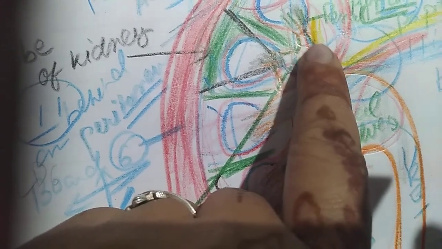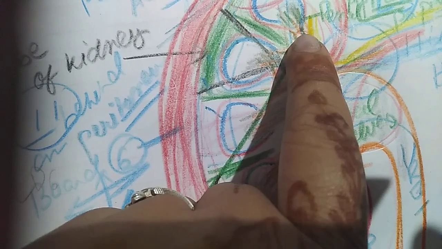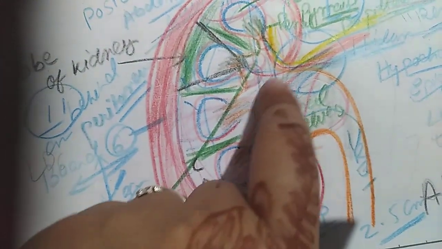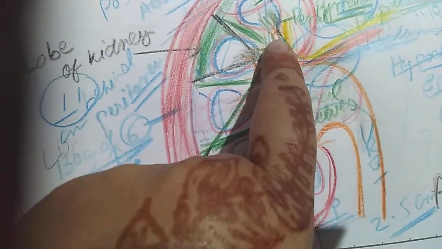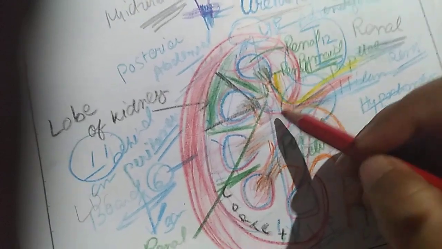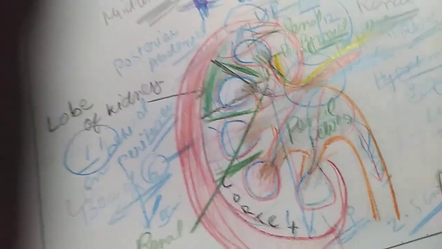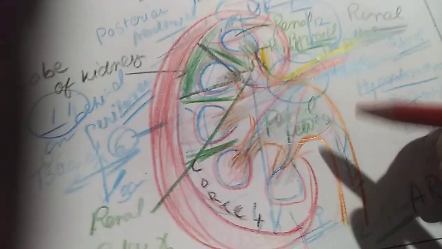These are connected to the indent parts called renal calyx. We have major calyx and minor calyx, and all the calyx join to the renal pelvis. This junction is called the pelvic calyceal junction. After the renal pelvis, the next part is the ureter.